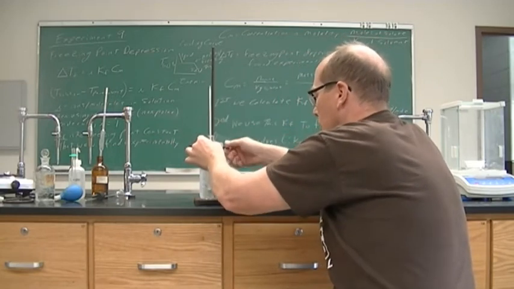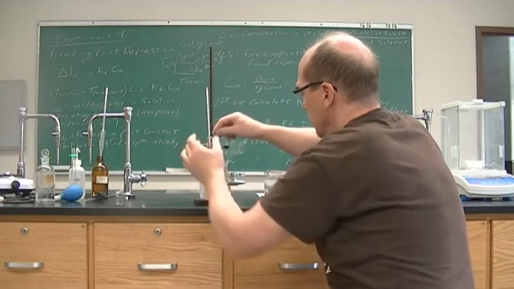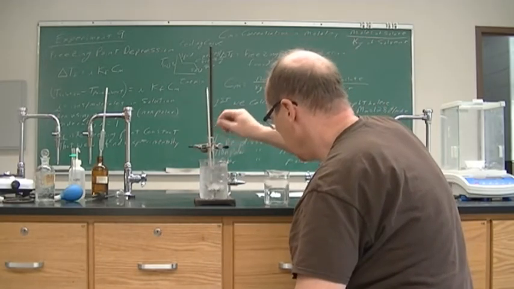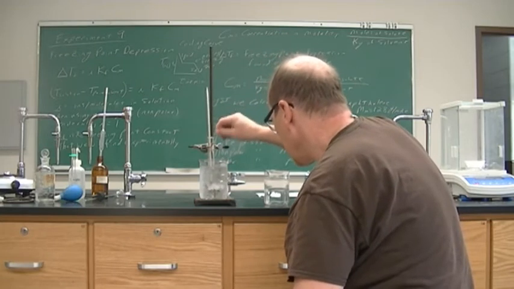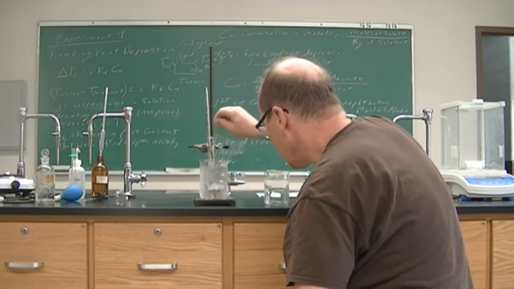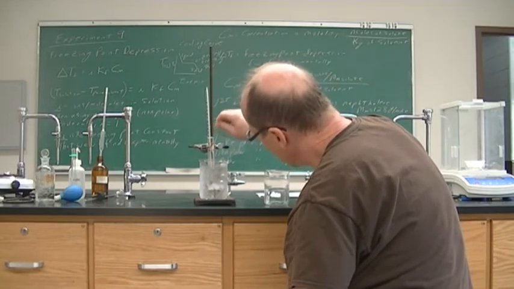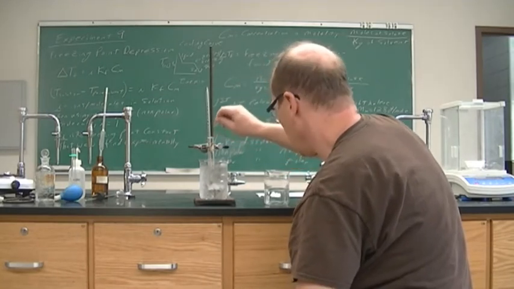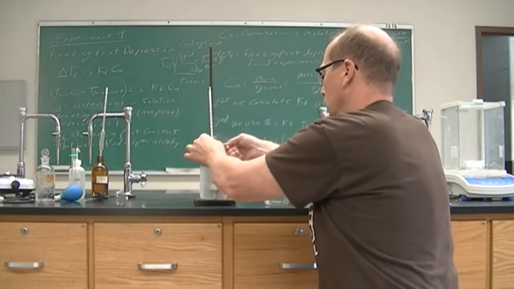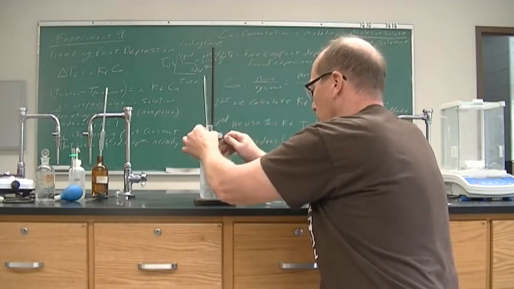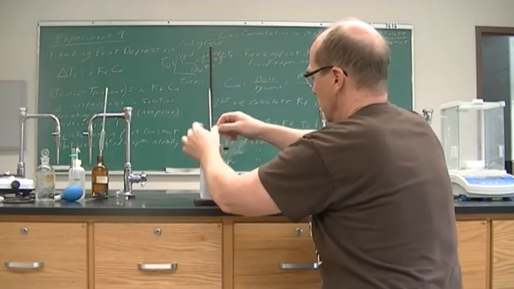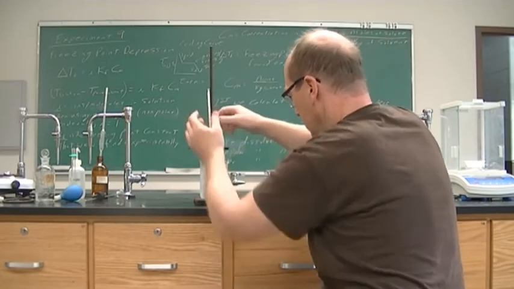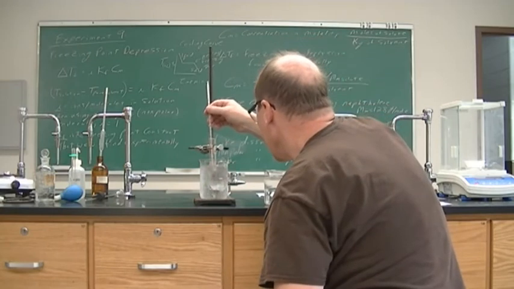No solid. Hard to see through all the ice if we're getting any solid formation. It doesn't look like it. Temperature at now? Our temperature is at 2.5.